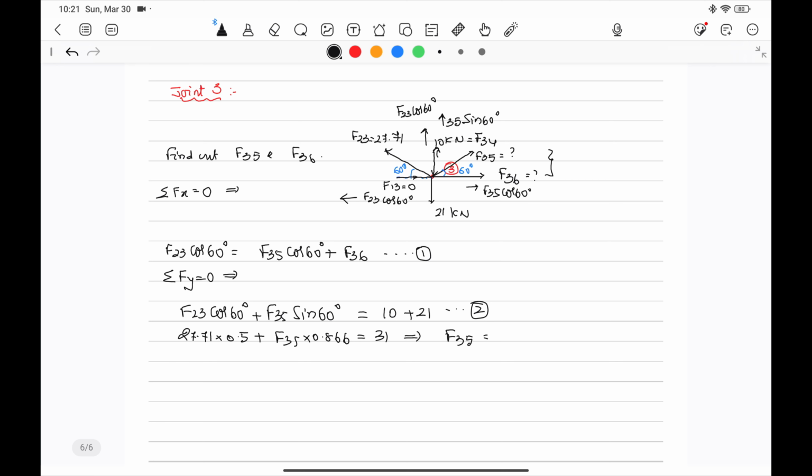Just check up. Then F35 is equal to F23 into cos 60, F23 is 27.71 into cos 60.